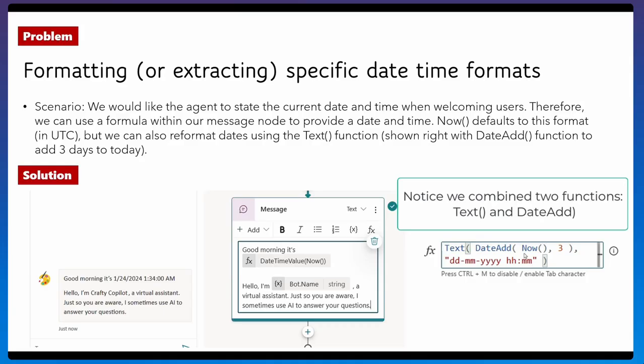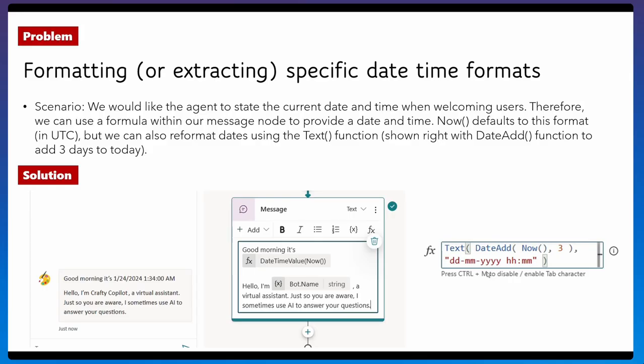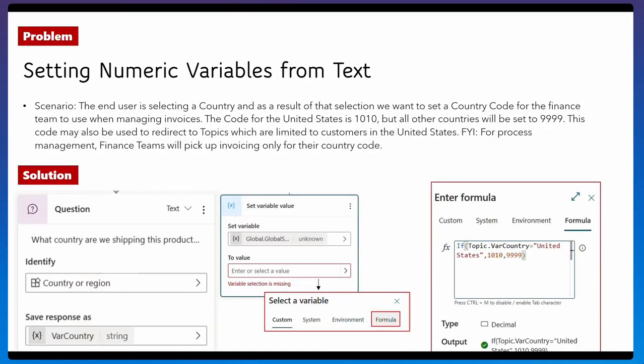And so you can change this format, and I will make sure you see the documentation that explains the formatting syntax. What's really cool is it does show it to you right in the product, and I will demonstrate that for you. But this is an example of where we commonly want to reformat a date, or we want to add to a date or subtract from a date. Very common. The formula function helps a lot there.